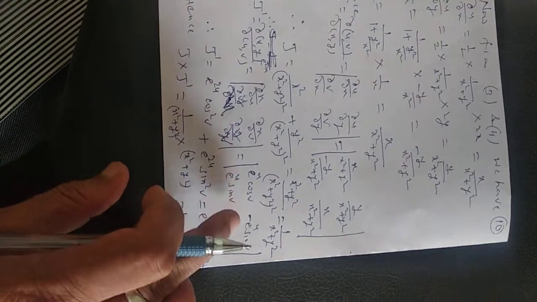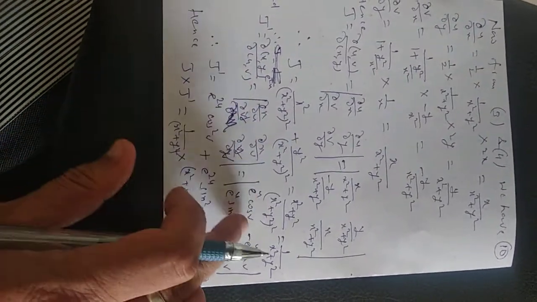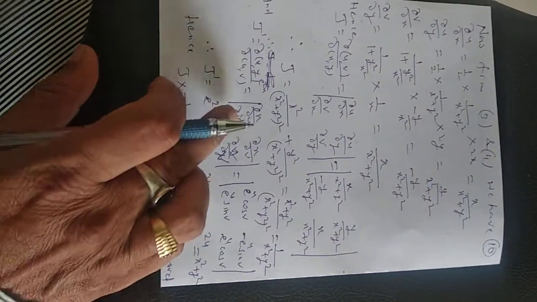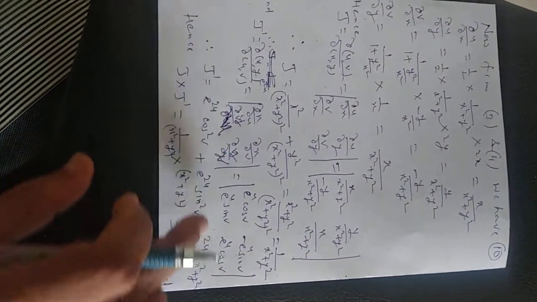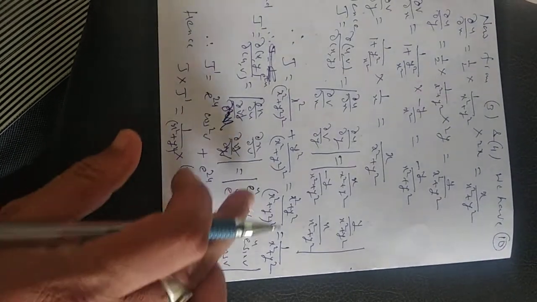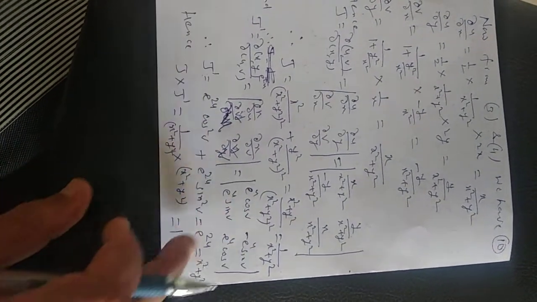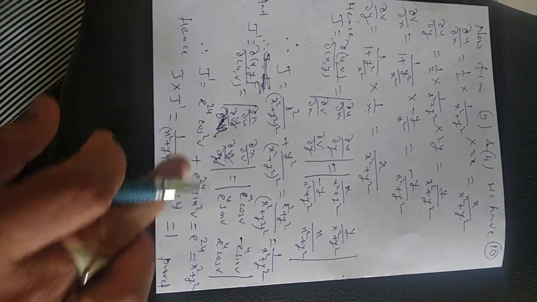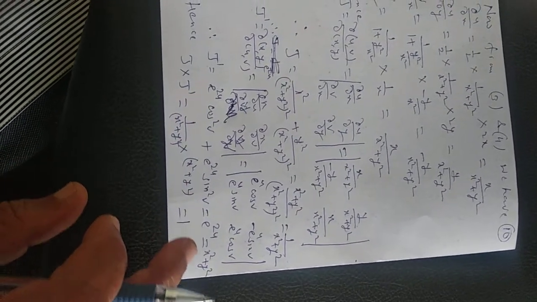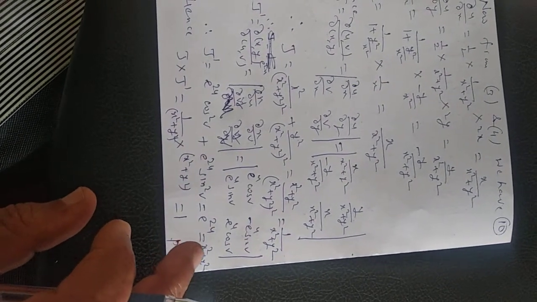So put these values, ∂x/∂u, ∂x/∂v, ∂y/∂u, ∂y/∂v, and expand this: e raised to 2u cos square v plus e raised to 2u sin square v, that is e raised to 2u.